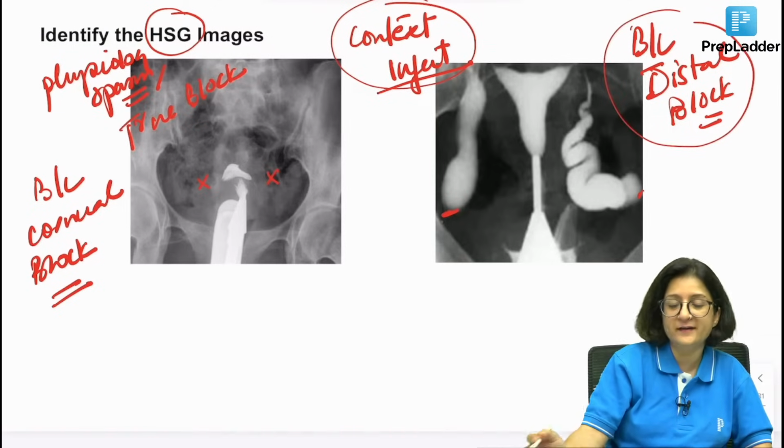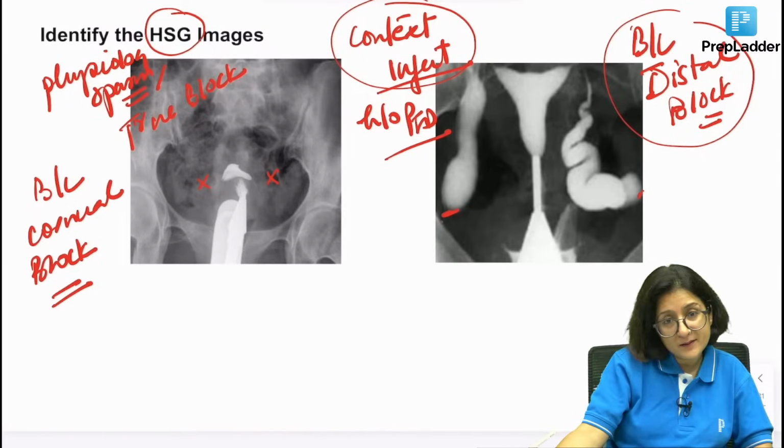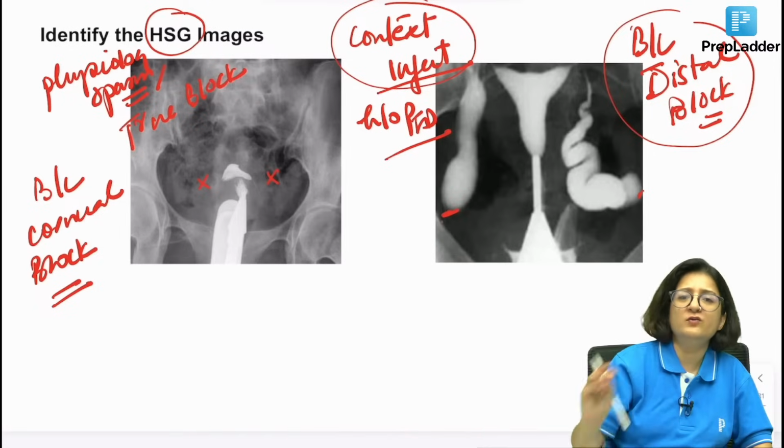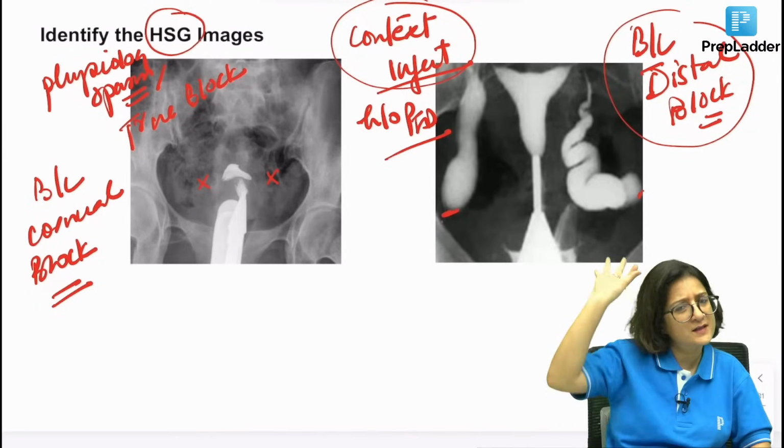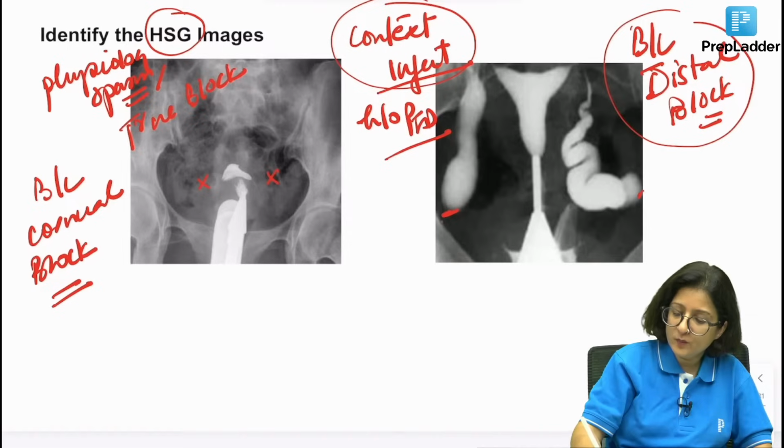If I'm seeing bilateral distal tubal block, some degree of tubal damage has happened. There may be history of PID, maybe history of repeated episodes of PID may be there. There may be history of genital tuberculosis that may be there. What I know is that whatever acute event has happened is now something of a history of PID, right? So this tubal damage now is persisting in the form of what?